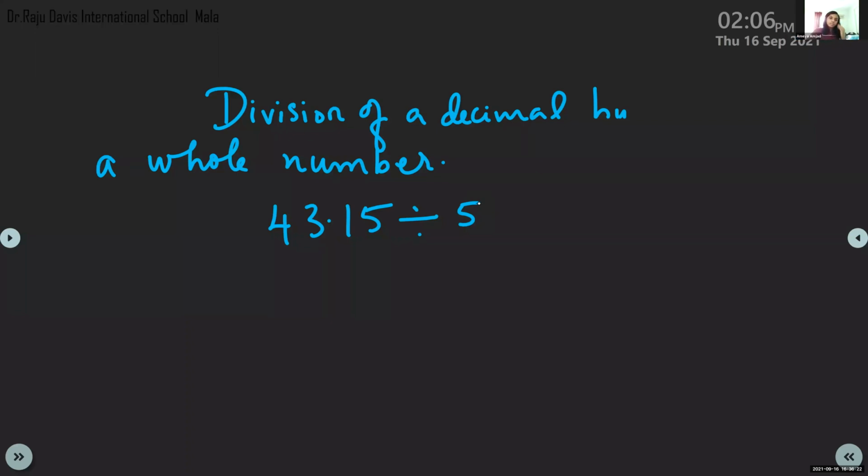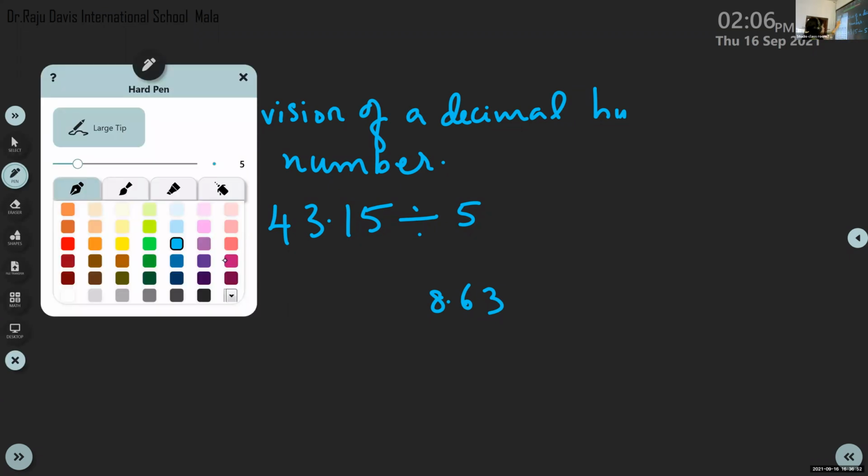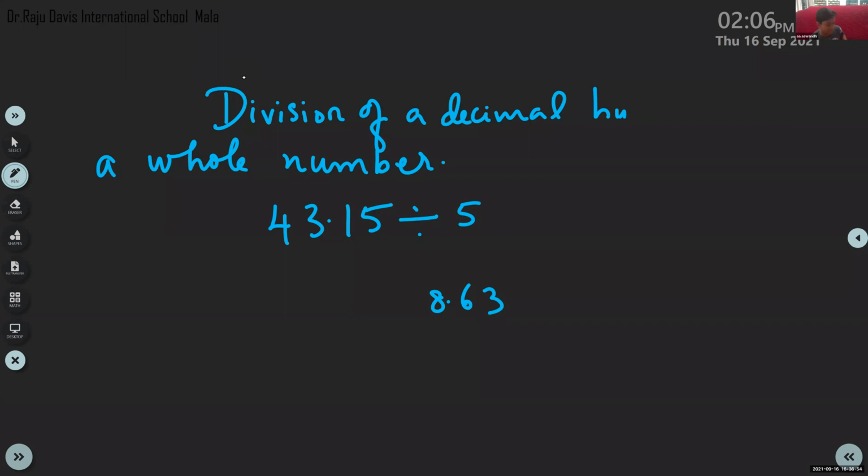Okay, Ananya, Ameya, tell me. 8.63. Ameya, what is the answer you get? She got 8.63. I also got 8.63. Let us check whether the answer is correct or not.